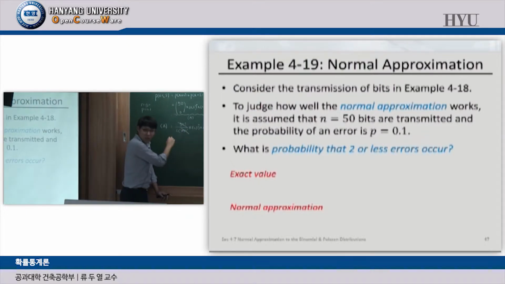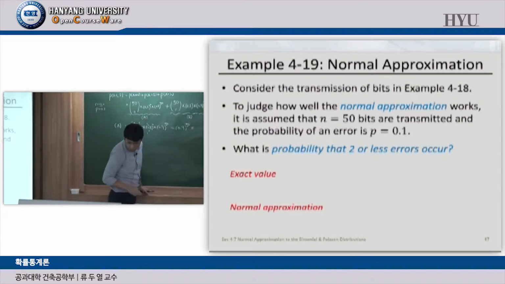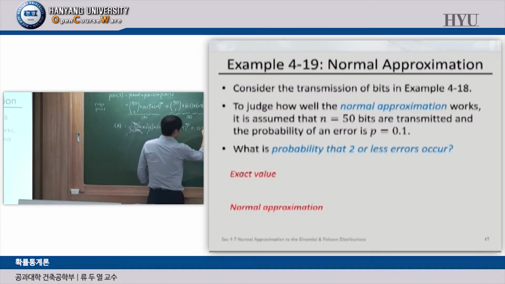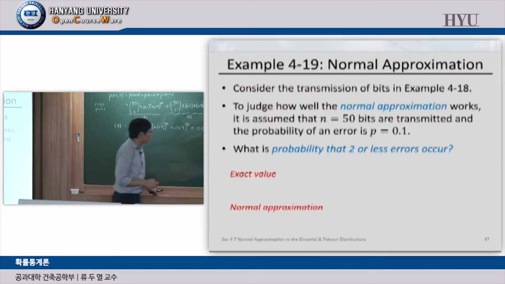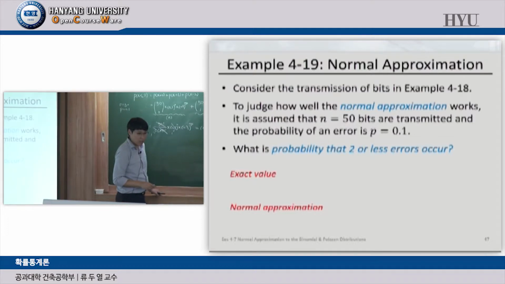This can be eliminated, right? And what is this? This is equal to 1. And this is also equal to 1, right? So this is just 0.9 to the 50th power. So there will be 0.00515. Okay?